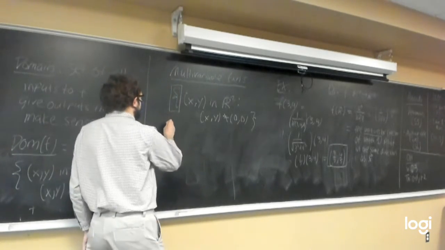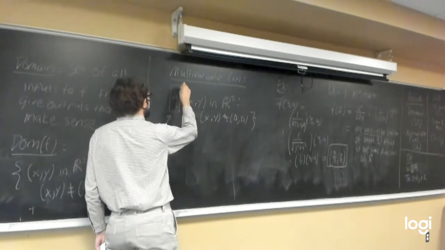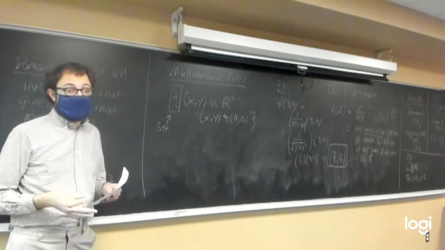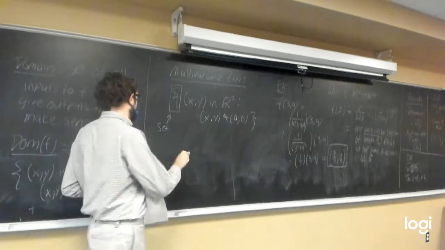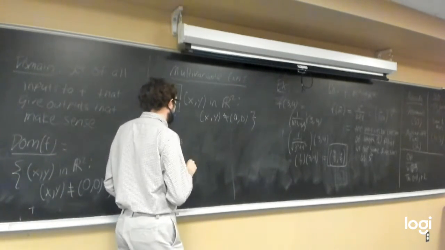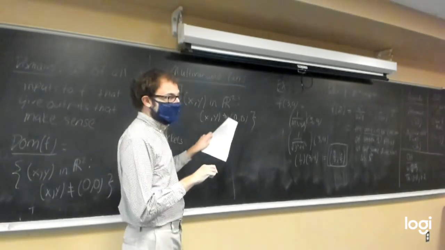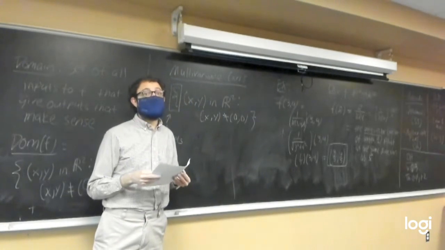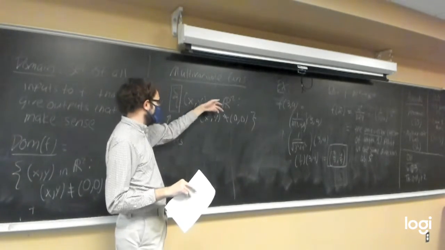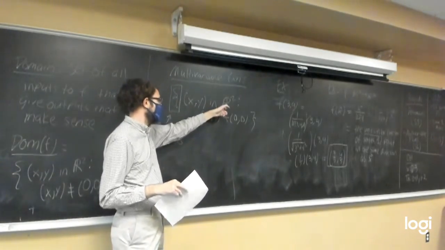These symbols are set brackets. So the fact that I put this curly bracket here and here just means we're looking at a set of things, a collection of vectors. xy in R2 is basically telling us what are the vectors that we're allowed to have. So we're allowed to have our domain as a set of vectors in R2.